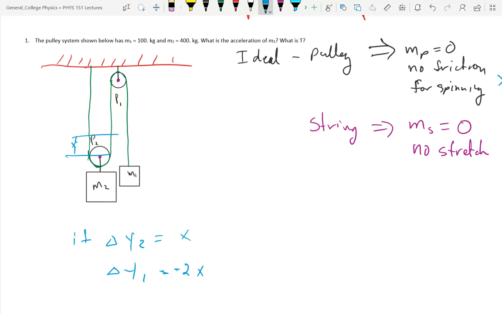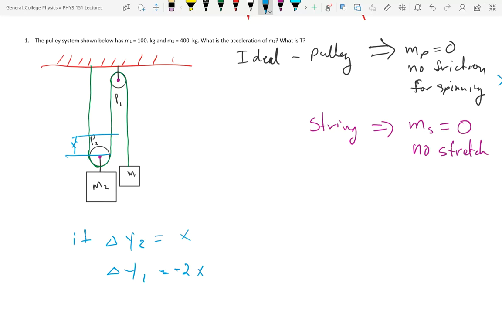And there are lots of different ways to string things up where you can get different ratios. So when we use these, if that's the change in position, then if I do the velocity being the change in position over time, we're going to have that same minus 2-to-1 relationship. And if we do the acceleration, the change in velocity with time, we're again going to have that minus 2-to-1 relationship.